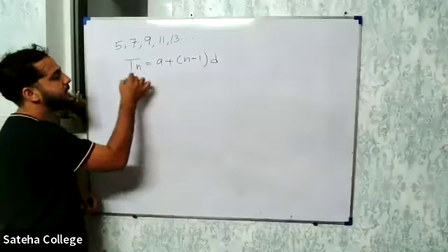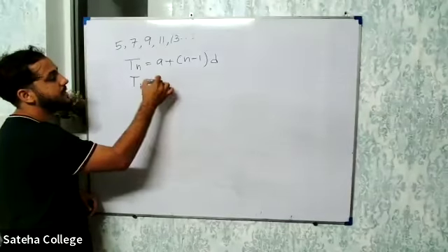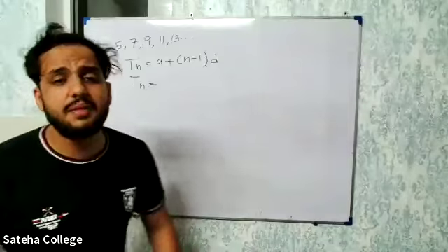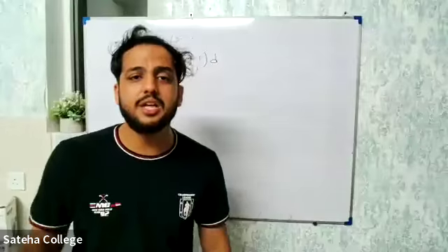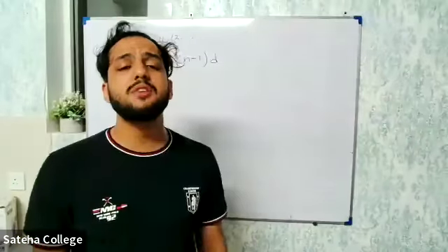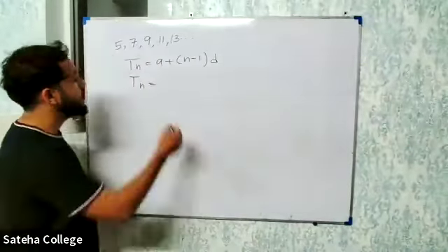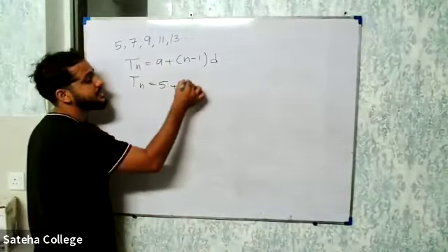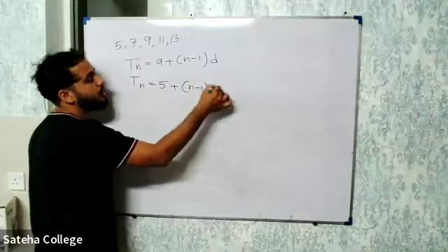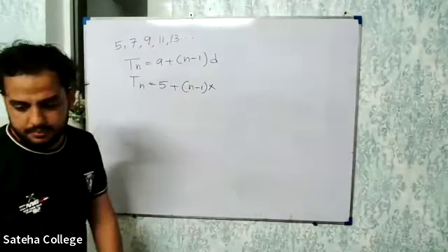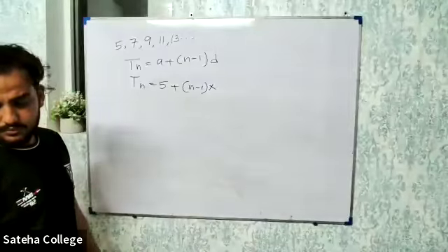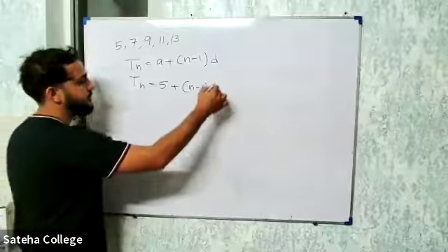So Tn is equal to, now you know the first term and the common difference can never change for a specific arithmetic progression, right? So first term is 5 plus n minus 1. What is the common difference here, everyone? 2. Very good. 2.